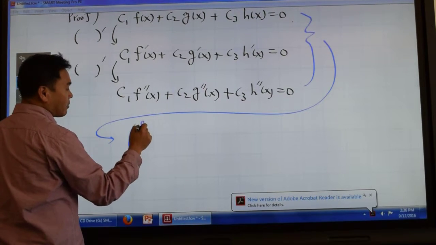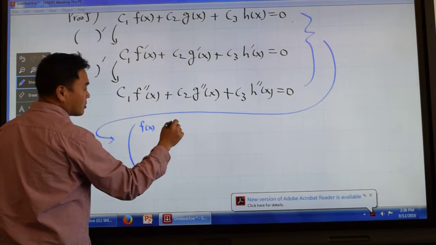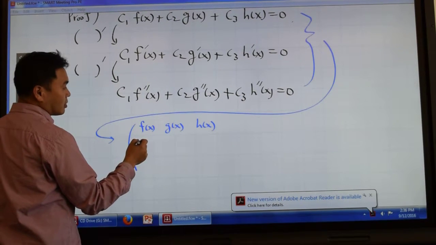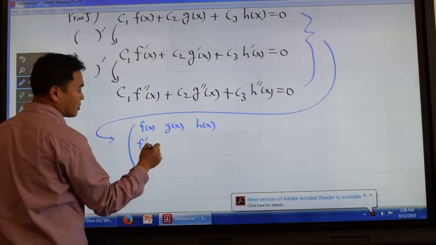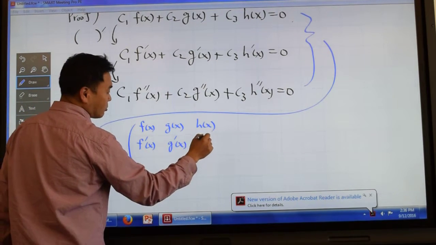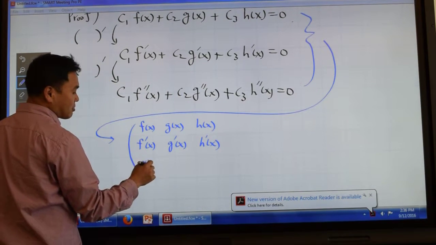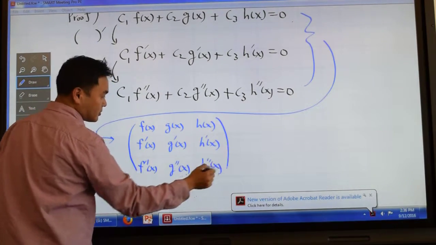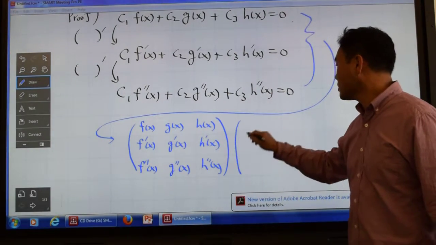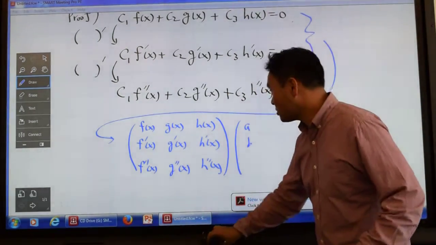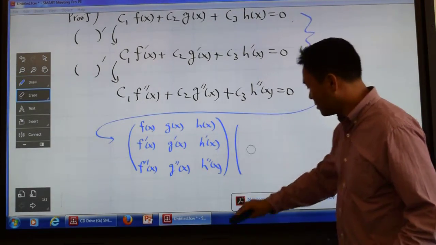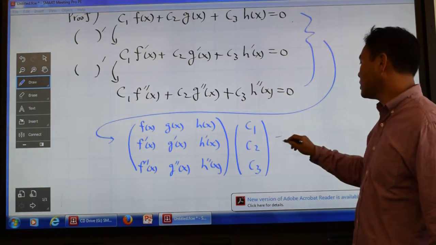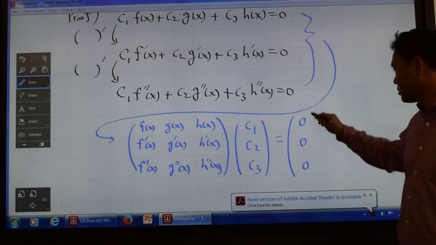If I choose f(x), g(x), h(x), and then f prime of x, g prime of x, h prime of x, f double prime of x, g double prime of x, h double prime of x, times a, b, not a, b, c, sorry, c1, c2, c3, equal to 0, 0, 0.